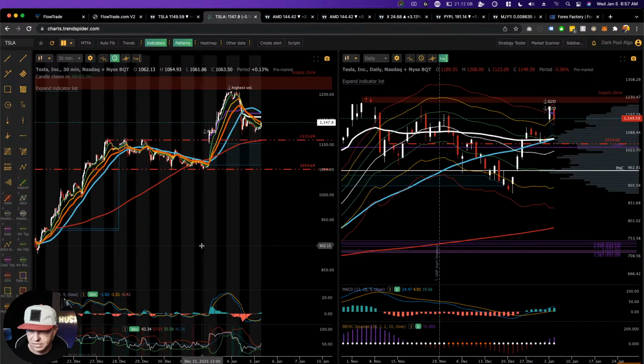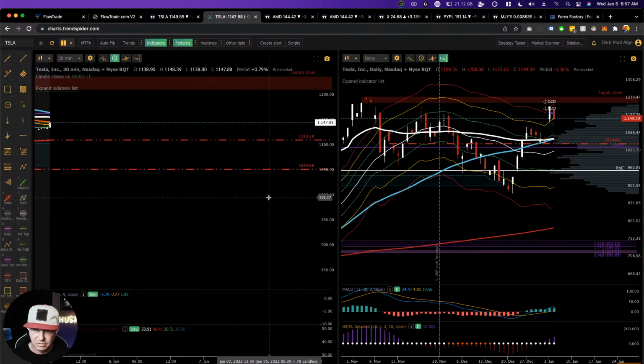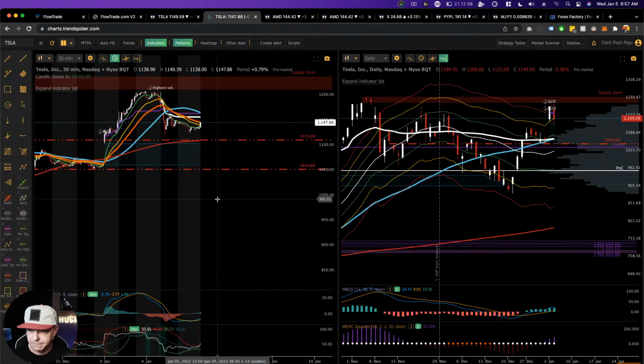So 1113.28 as your support. If it breaks that, it gap fills to the downside to 1054. If it holds, then we test 1200 again. So Tesla should be an interesting one for today. All right.